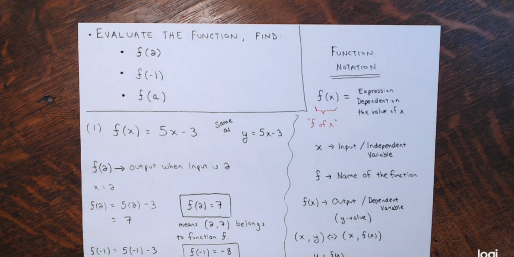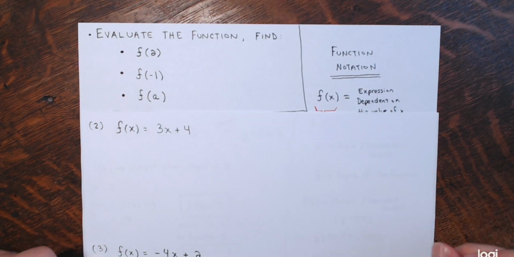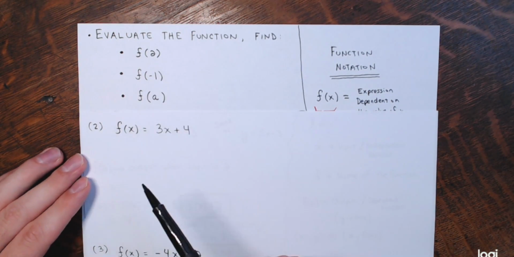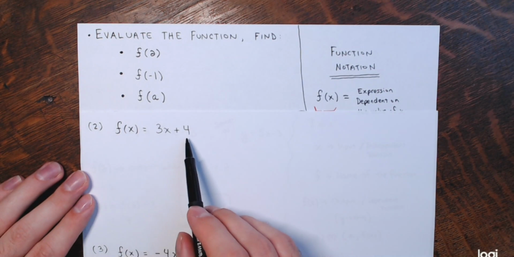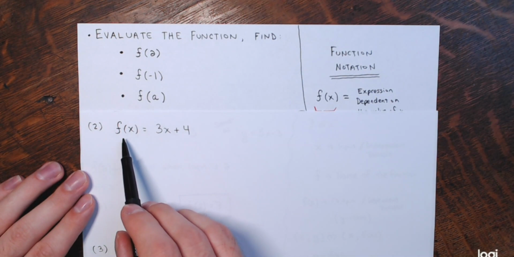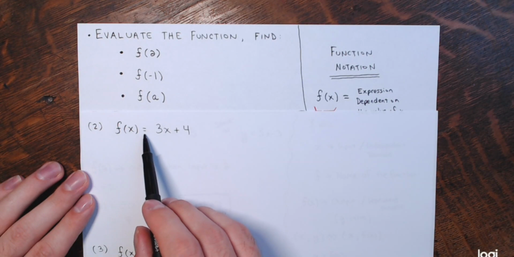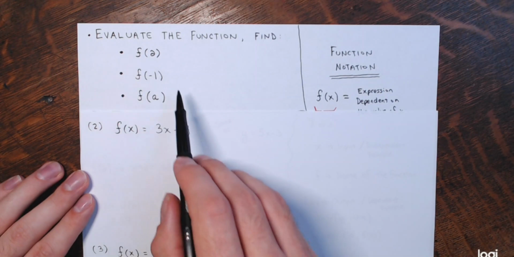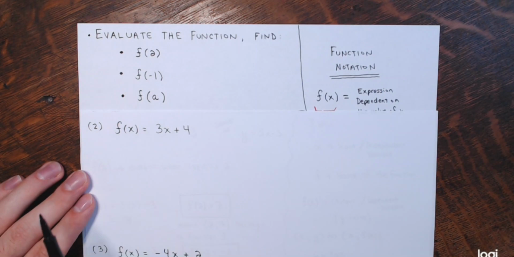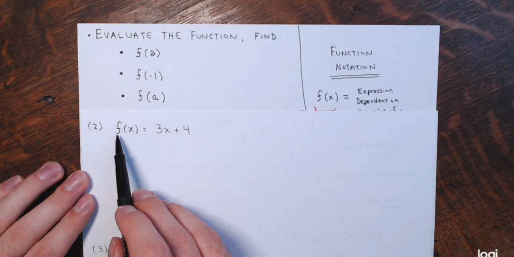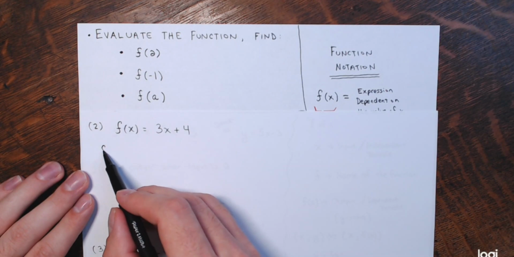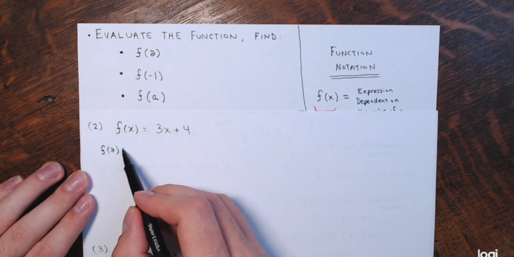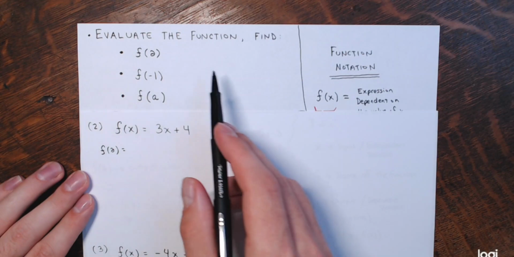Alright, so example 2, we're asked to find the same 3 values, the same 3 outputs, but the expression is different. We have f of x, or y, equals 3x plus 4. So this describes how x is related to the output f of x, or how x is related to y in this function called f. Alright, so as before, what's f of 2? The value of f when x is 2, we'll just replace x with 2.